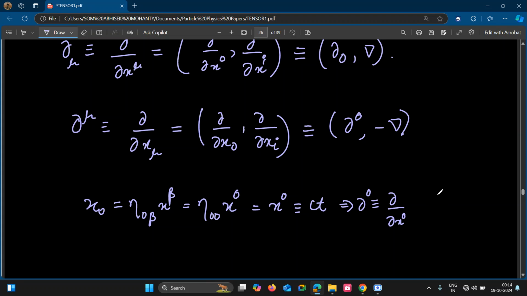You can also write this because the zeroth component is the same for covariant and contravariant, both are same. So this is del 0. So I can write it as 1 by c del by del t, because x naught is ct, so del x 0 will become c del t.